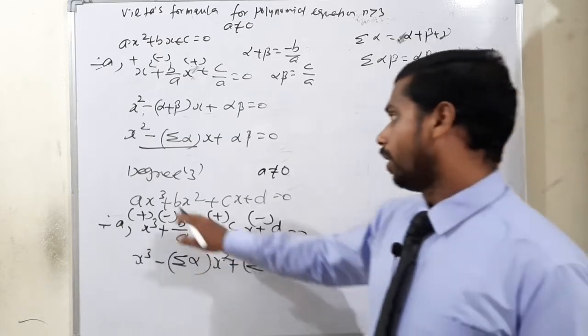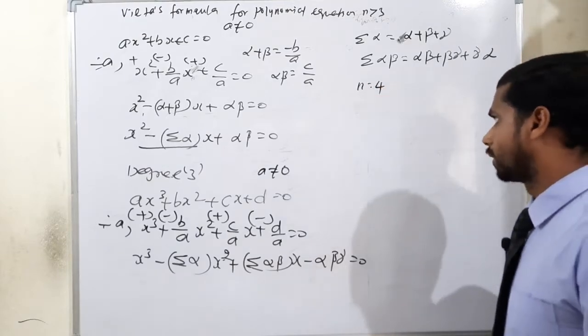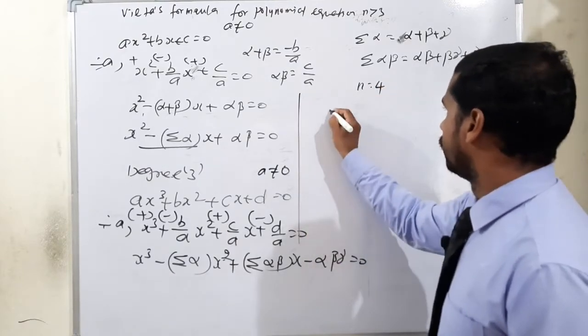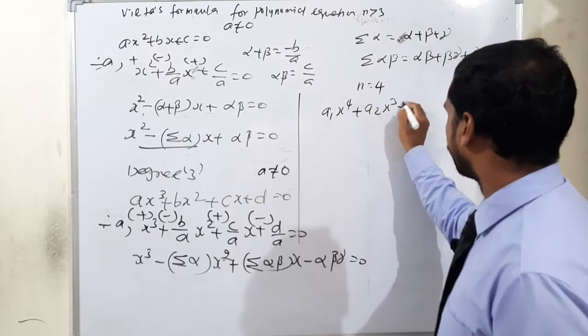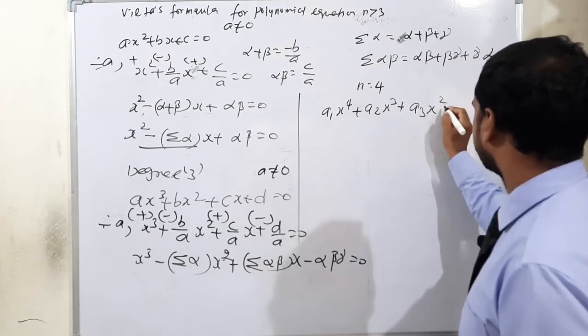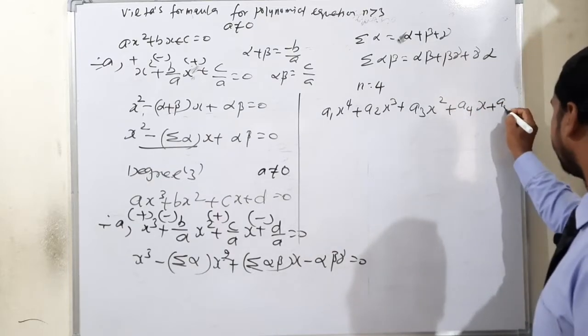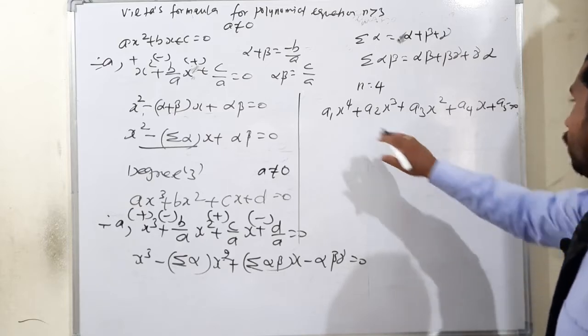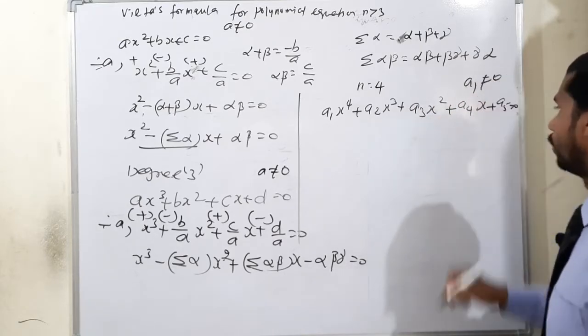Now I am moving to degree 4. If n is equal to 4, what will happen? a1 into x to the power 4, then a2 x cube, then a3 x square, then a4 x, then a5 is equal to 0. We always know the leading coefficient a1 is not equal to 0.